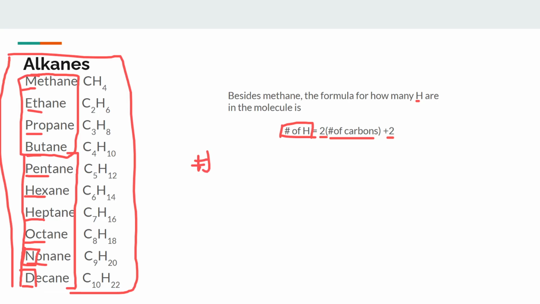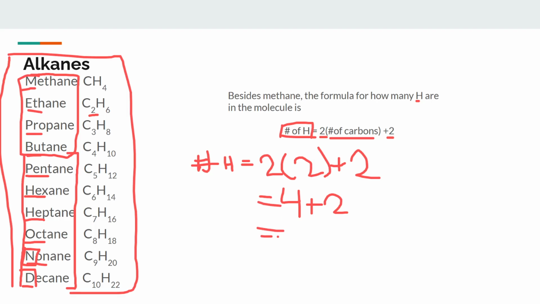So our number of hydrogens is equal to 2 times the number of carbons, which is 2, plus 2. 4 plus 2 is equal to 6, and we can double check. That is how many hydrogens we have over here, and that would look like that. Sorry, that wouldn't look like that. That would look like that. 1, 2, 3, 4, 5, 6 hydrogens on that thing.